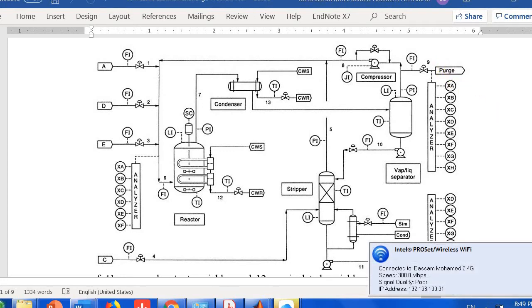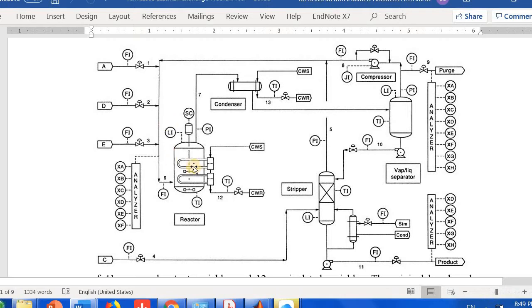Now the question is, what do you need to control? What do you need to control? We need to control several issues here, or several process variables. Well, I would expect the feed here could be changing, so I may need a feed controller here. I also have the temperature, which is very important for my reactor, so I need to control the temperature.